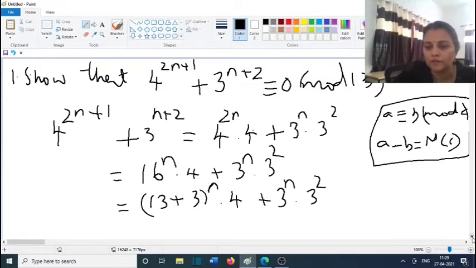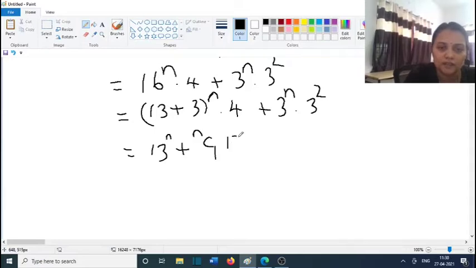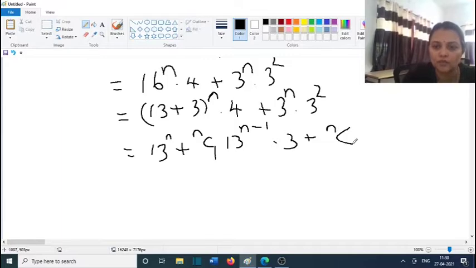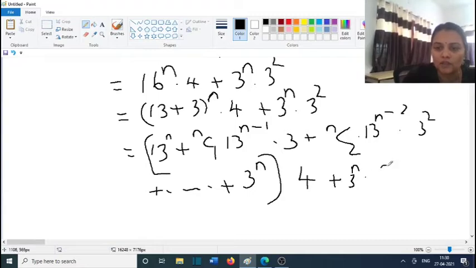Now we know the binomial expansion of 13 plus 3 all raised to n, which is equal to 13 raised to n plus nC1 13 raised to n minus 1 into 3 plus nC2 into 13 raised to n minus 2 into 3 square plus etc. The last term is 3 raised to n, all into 4 plus 3 raised to n into 3 square.